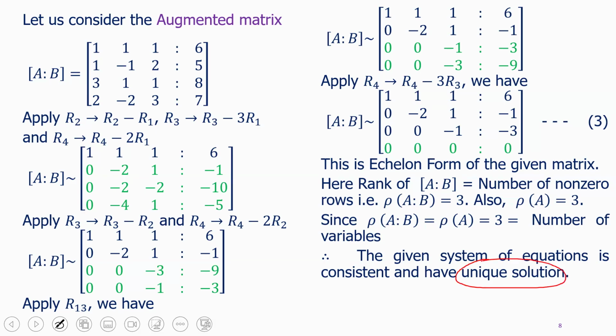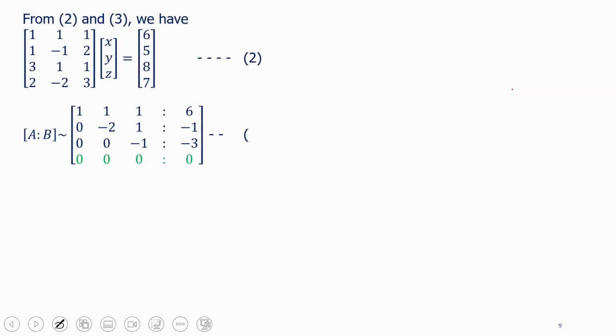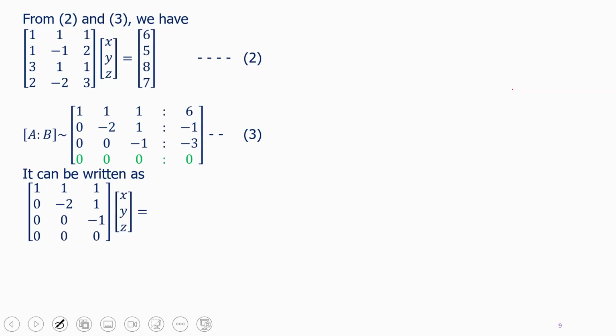So now our second step is how to find the unique solution. For that purpose, we take equation number 2 and equation number 3. So this is equation number 2 and this is equation number 3. Let us combine these two equations and let me write down the final matrix.